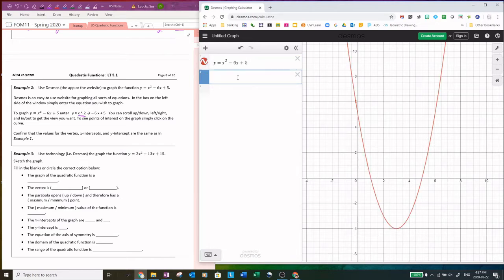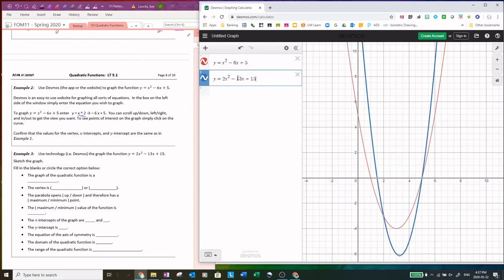I'm just going to leave that there for a second. Then if I click down here, it gives me another place I can put an equation in. I'm going to put in the example 3 one here. y = 2x squared minus 13x plus 15. You'll see that it's done it as a different color so that you can distinguish between them.